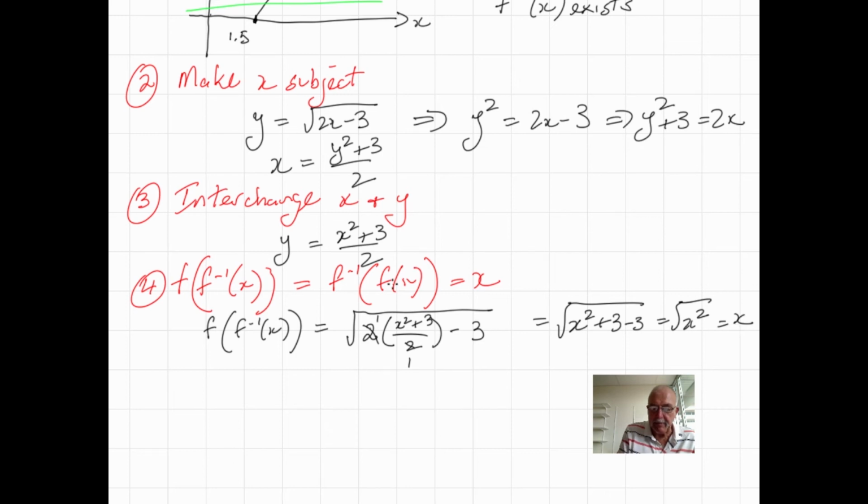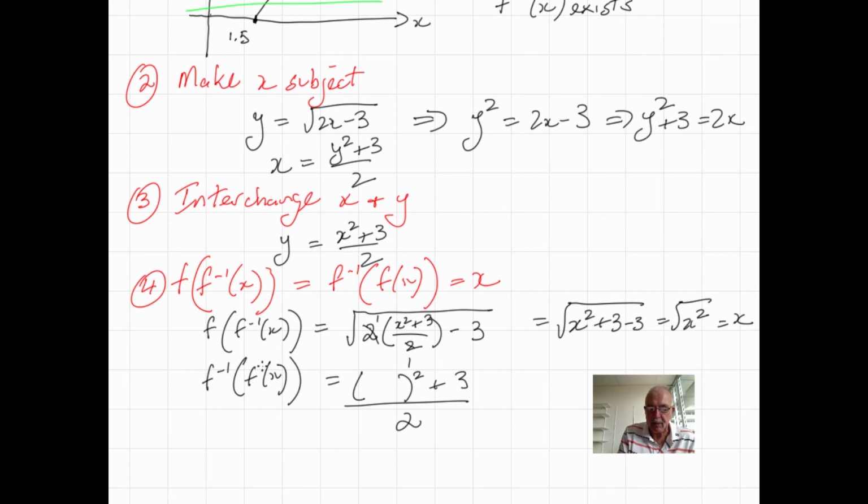The other verification we've got to do is f to the minus 1 of f of x equals, now the inverse function is something squared plus 3 all over 2.